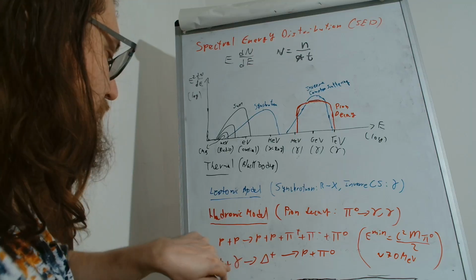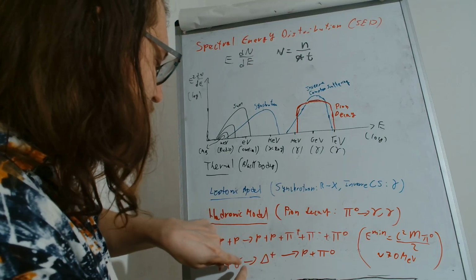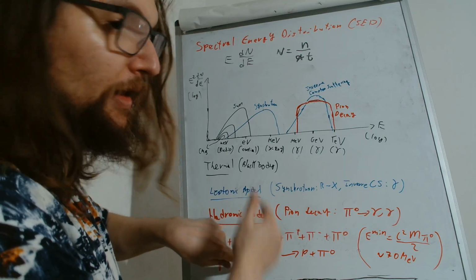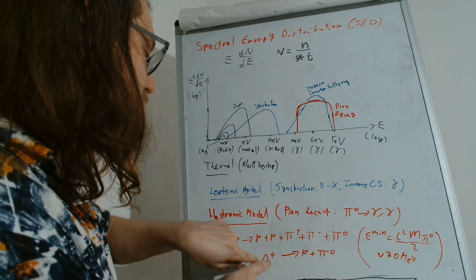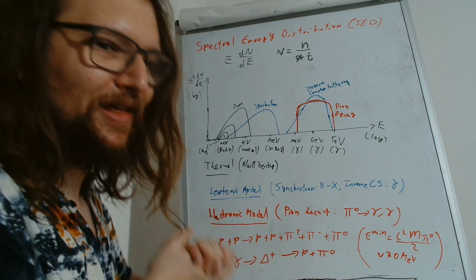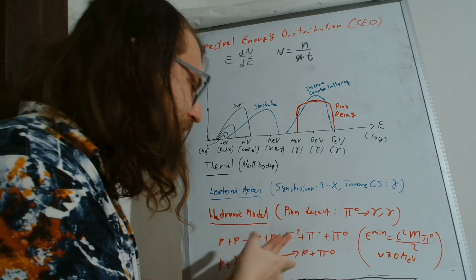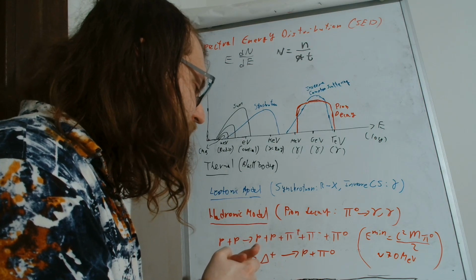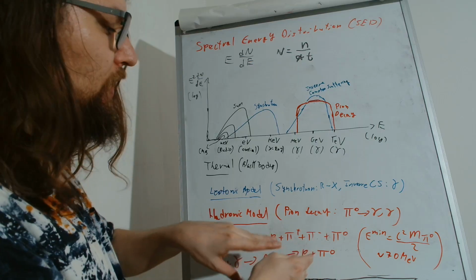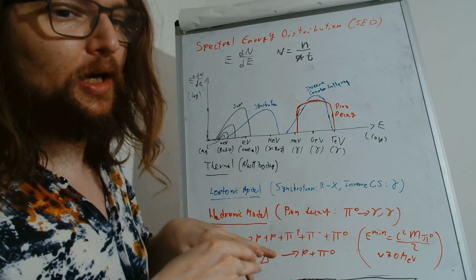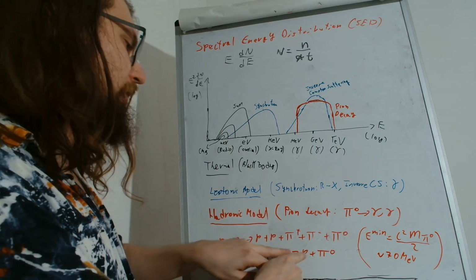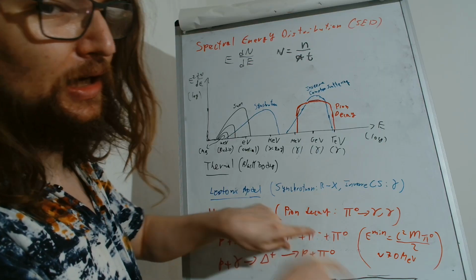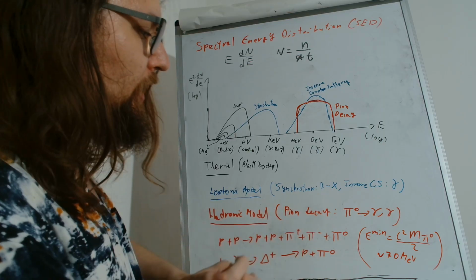So we have seen that when they interact with a photon, they create a resonance, the delta plus, which decays into a proton and a pion, or also a neutron and a positive pion. In the case of a proton and a pion, the pion can decay into two gamma rays as before.